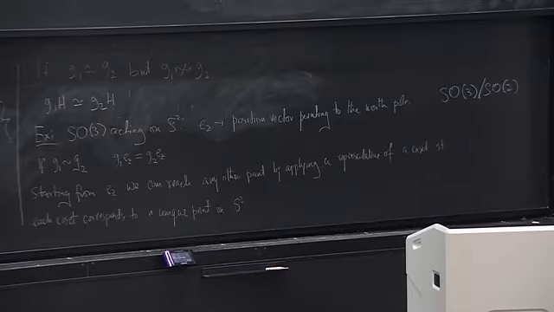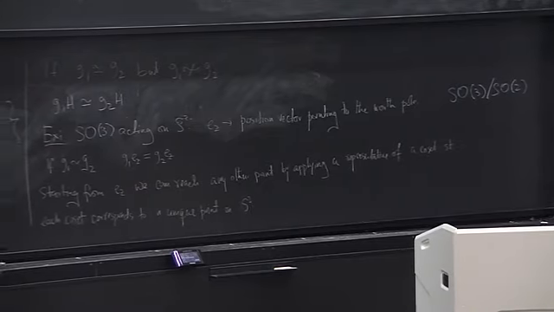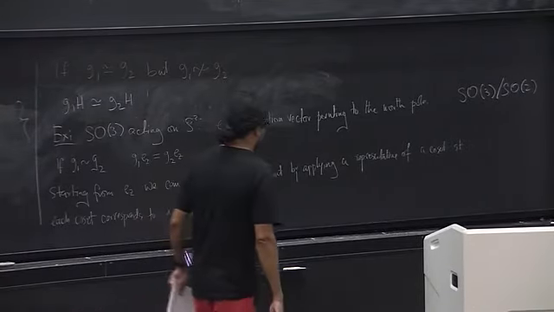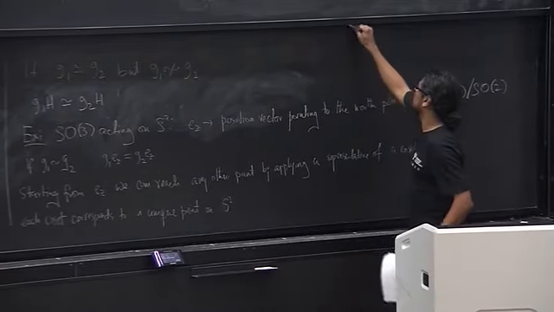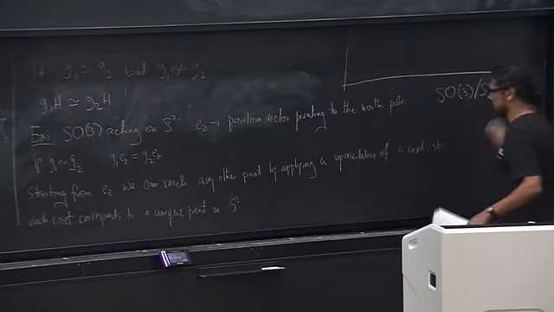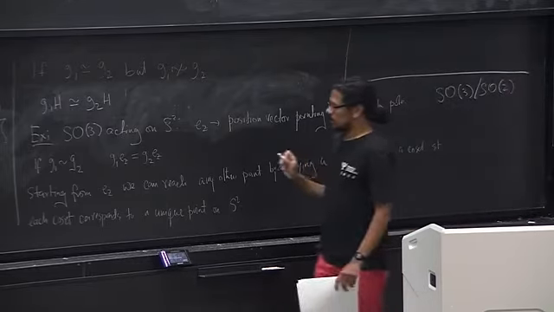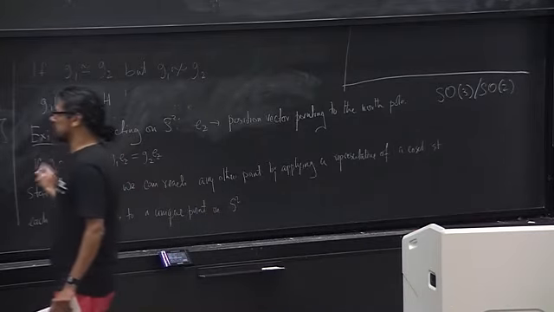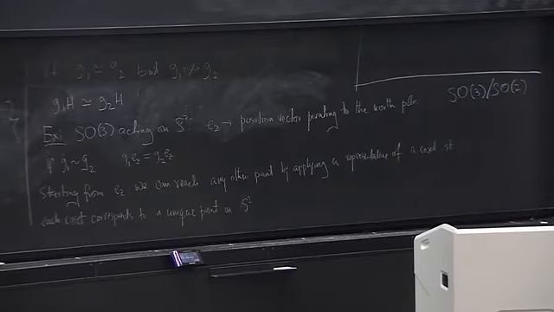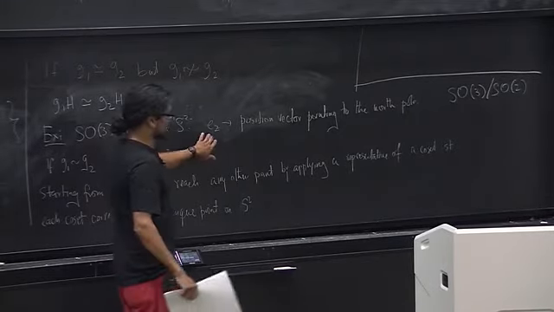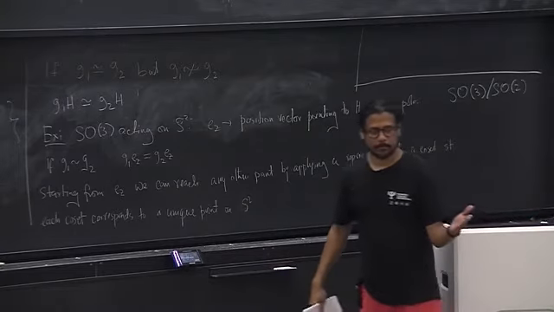So because of this fact, any element in a given coset, if I act by those elements on the vector pointing to the North Pole, takes me to the same point on the two-sphere.